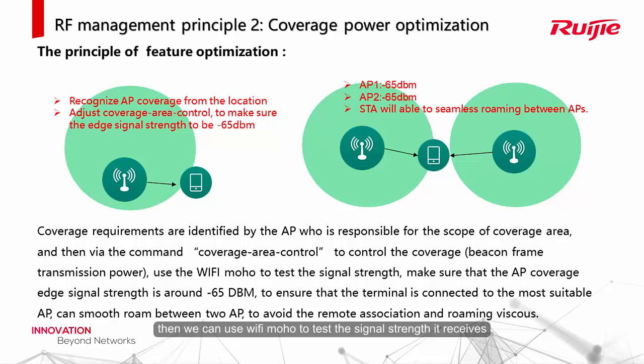Then we can use Wi-Fi model to test the signal strength it receives, to make sure in the edge of the coverage, the signal strength is around minus 65 dBm, and terminal can access to appropriate AP, roam smoothly between two APs. We suggest the signal strength at the middle point of two APs should be around minus 65 dBm, so that the terminal will be able to connect to the most suitable AP.